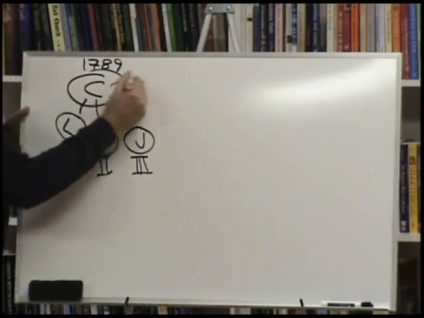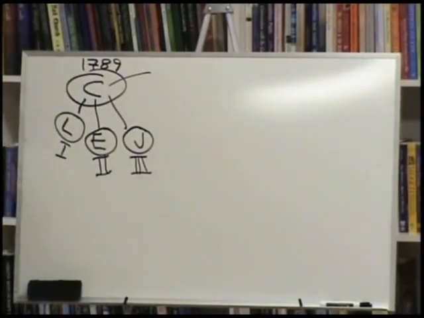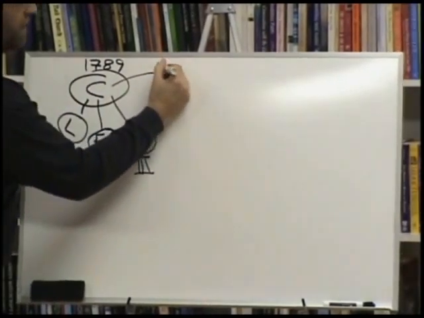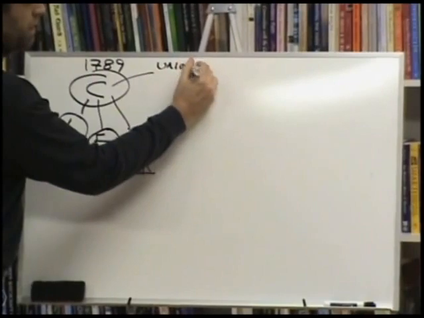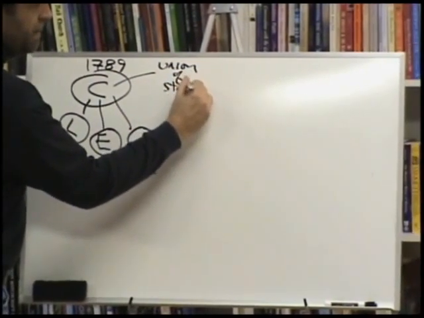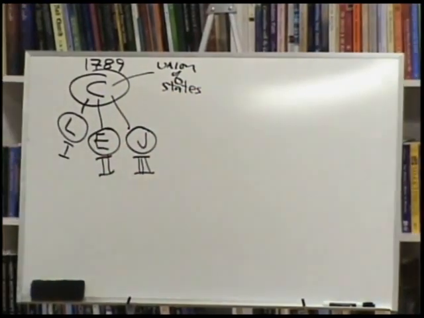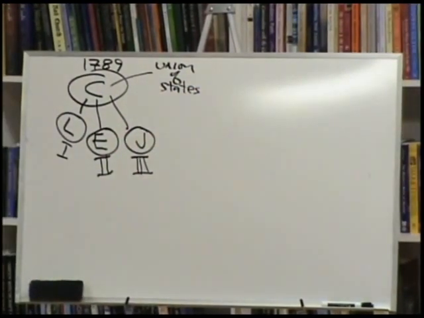What else does it say? To form a more perfect union. So the 13 colonies or the 13 states that were bound by this became a union of states. Why? So commerce could flow easier across the borders, the boundaries.